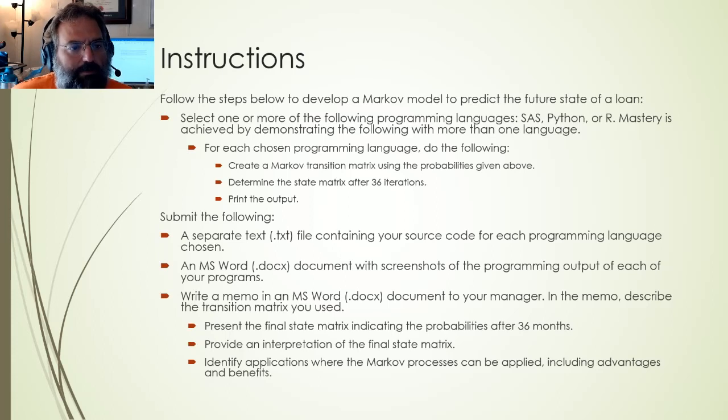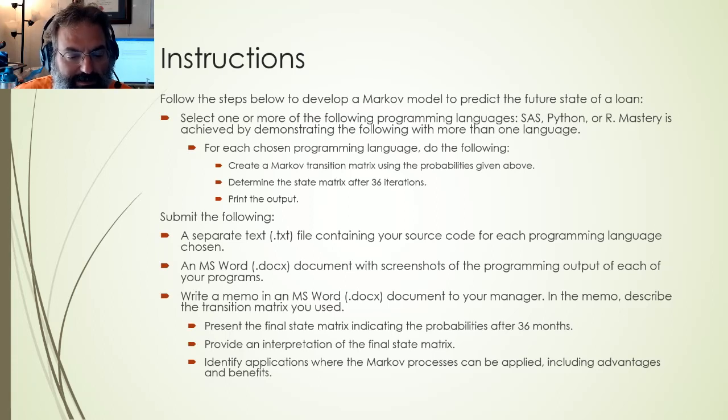And then here are your detailed instructions, as always: source code, a Word document that includes screenshots of the output, and again a memo, which is kind of interesting because APA and memos don't really go together, but okay, we'll do that.